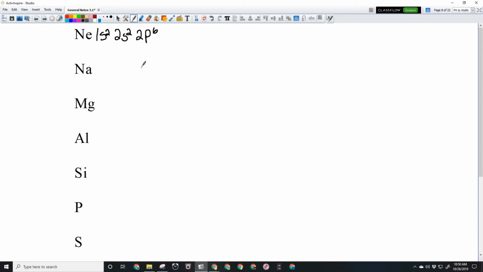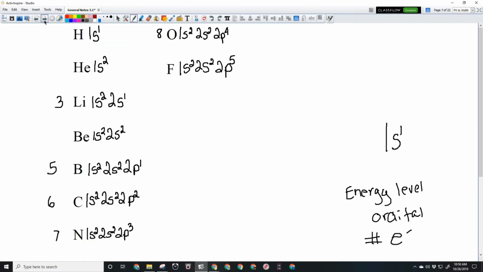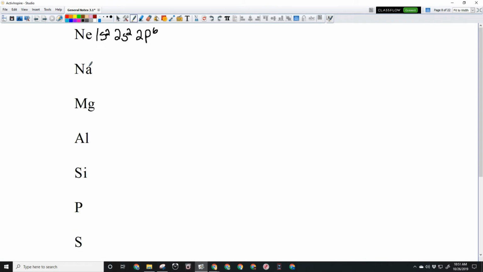Okay, now sodium. Let's look at sodium. Sodium is the first element that's in the third energy level, so it's in the spot of 3s1. See, it tells you right here. But if we're going to be consistent and write the filled orbitals that appear before sodium, it's 1s2 because 1s2 is filled, 2s2 is filled.